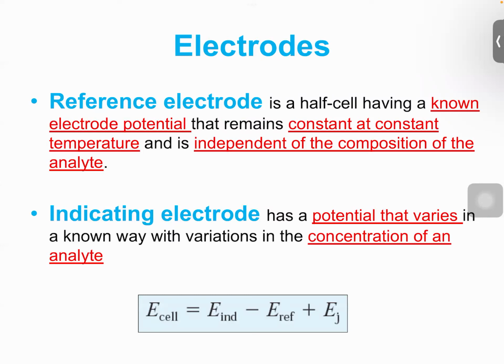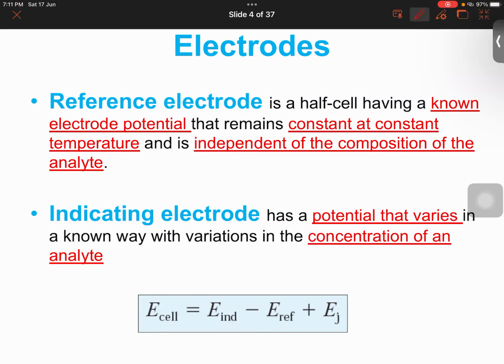Reference electrode, and in order for you to answer the final exam you need to know the function as well as the characteristic of the reference electrode. So a reference electrode has a known electrode potential, which remains constant and independent of the composition of the analyte, meaning that it will not respond to any analyte concentration.